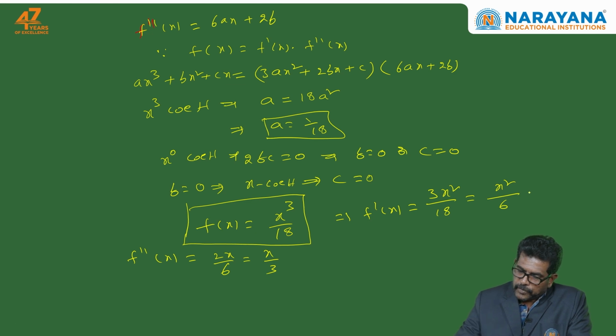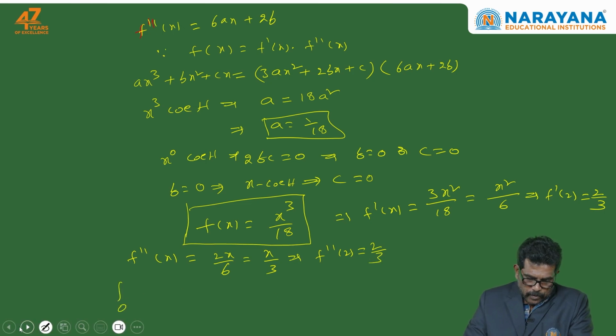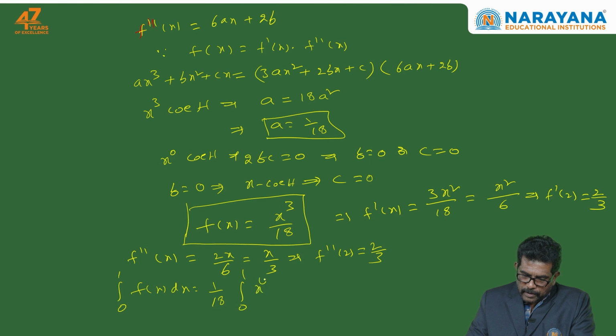Now f dash of 2 is equal to 2 square by 6, that is 2 by 3, and f double dash of 2 is also 2 by 3. Integral 0 to 1 f of x dx is 1 by 18 times integral 0 to 1 x to the power of 4 dx, which is 1 by 18 into x to the power of 5 by 5, that is 1 by 5 we get.